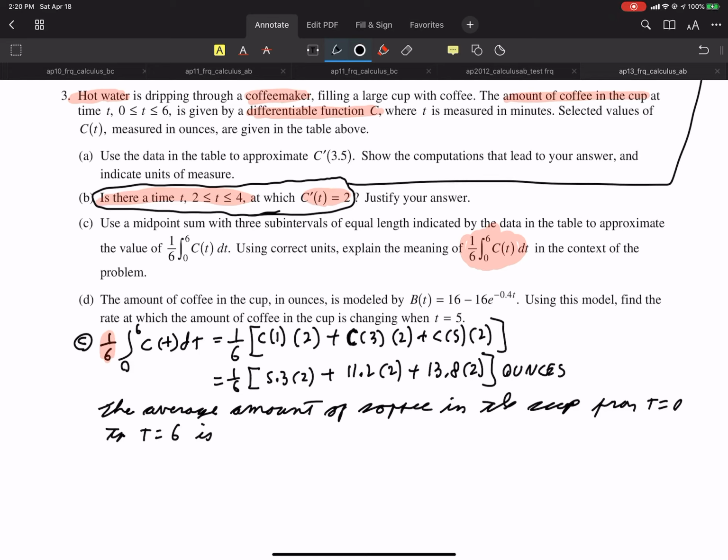You could copy that whole thing down. Again, I don't recommend simplifying. If you did happen to simplify, it would be 10.1 ounces.